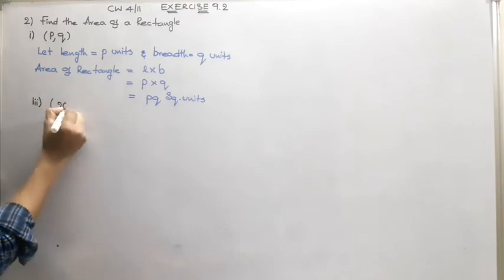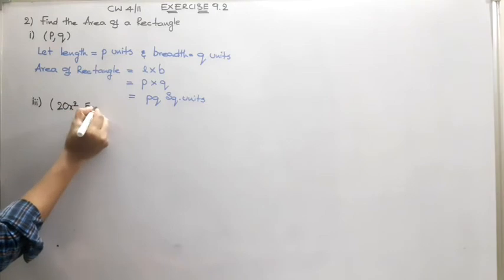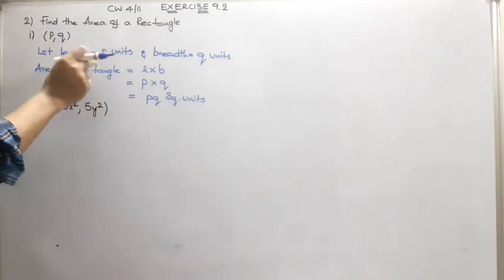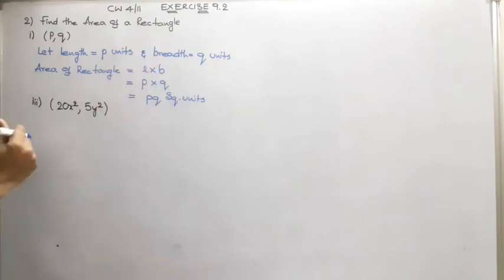So 20x square, 5y square. 20x square and 5y square. Please be careful, as they gave length and breadth respectively. The first one should be length and the second one should be breadth.